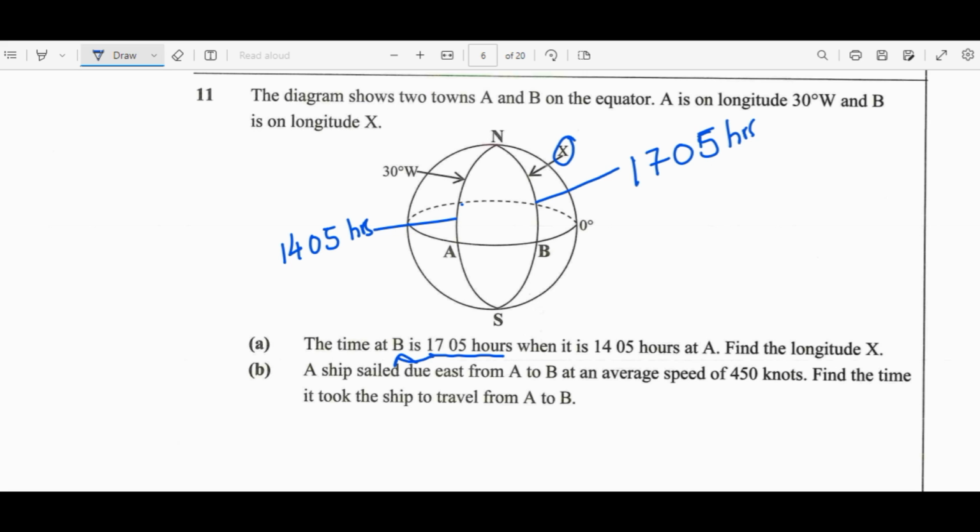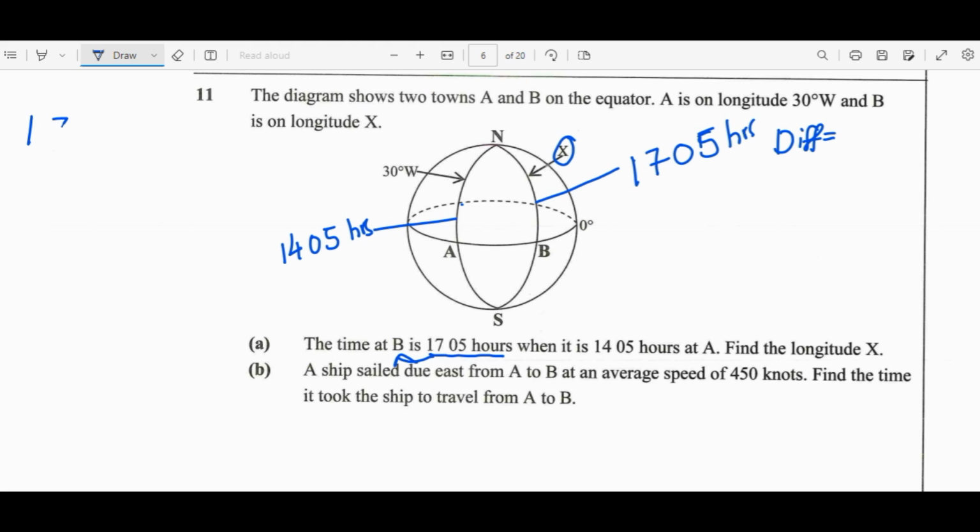First, we need to find the difference in longitude. Then from that, we are going to convert that difference into hours. Now, given the difference in time, how can we use that to find the difference in longitude? So we are going to find the difference between the two times.